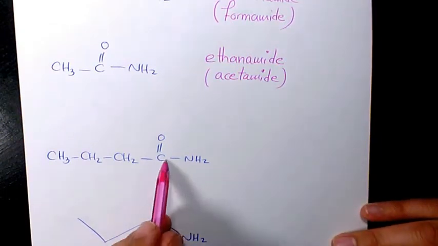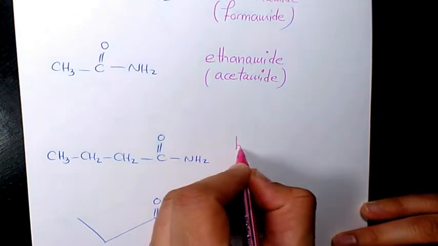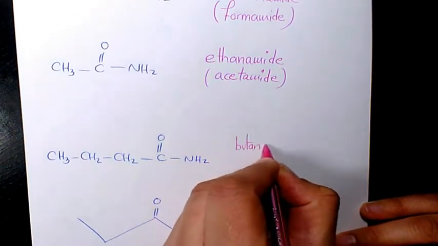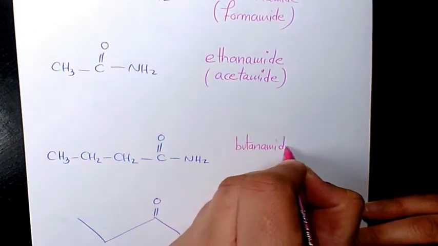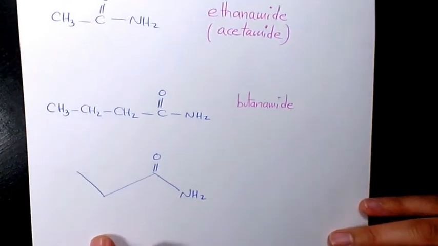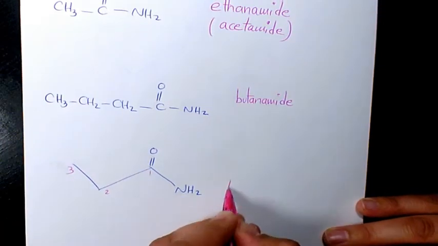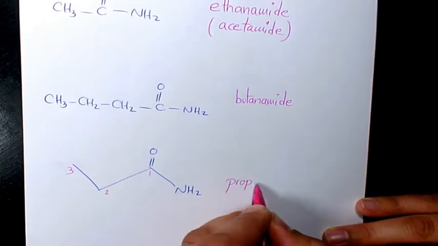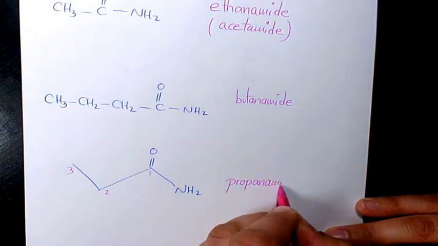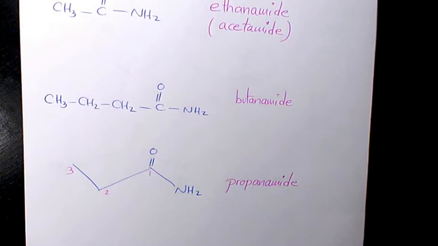In this example, we have 4 carbons, so it's going to be butanamide. And here we have 1, 2, 3. It's going to be propanamide. That's the name of this organic compound.